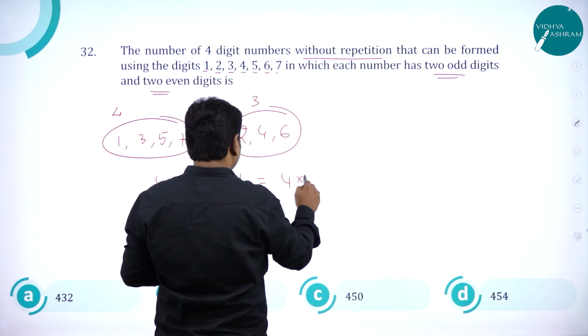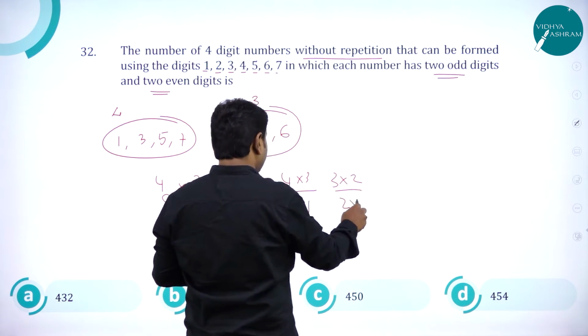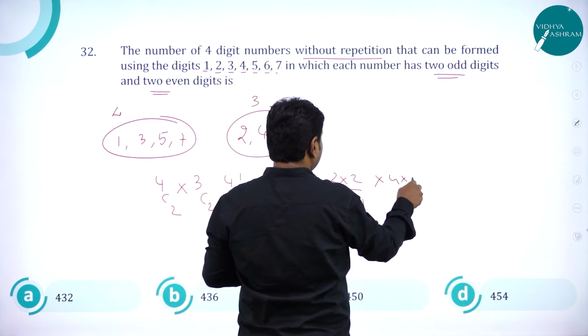Now simplify this. 4C2 is 4 into 3 divided by 2 into 1. 3C2 is 3 into 2 divided by 2 into 1. 4 factorial is 4 into 3 into 2 into 1.